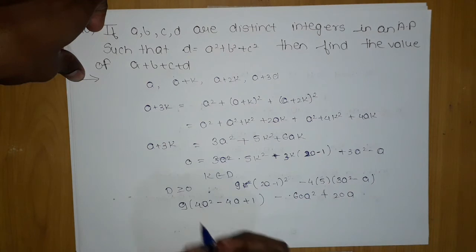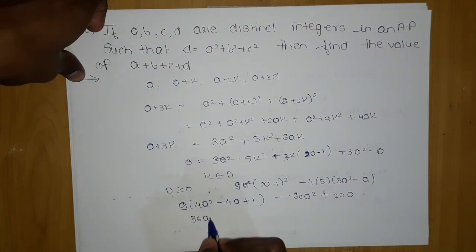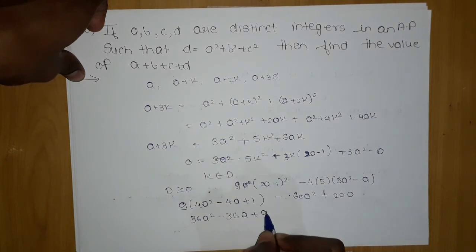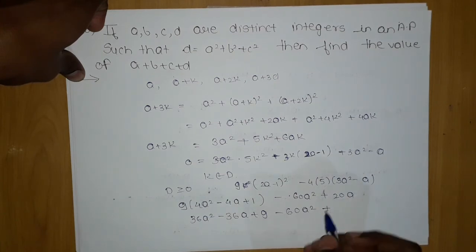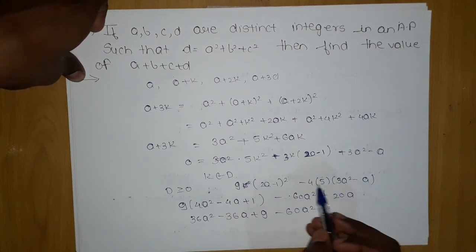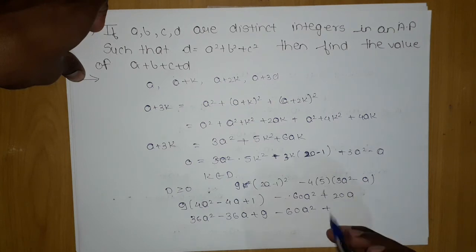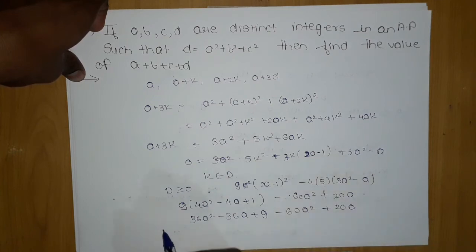So we get 36a square minus 36a plus 9, minus 60a square plus 20a, greater than or equal to 0.